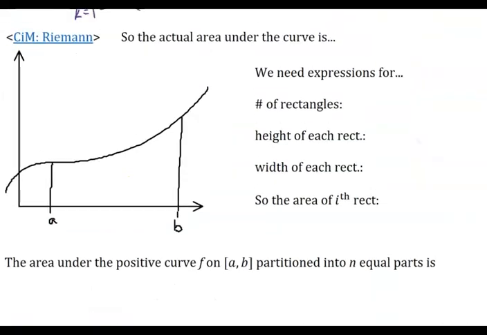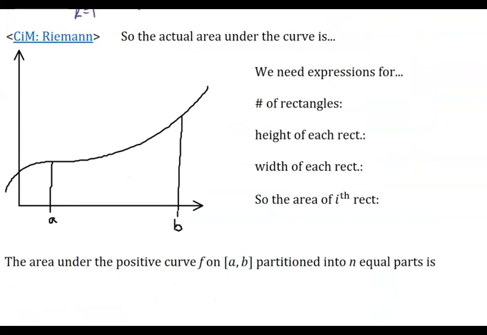So the actual area under the curve, and by the way, we are only talking about positive curves right now, so we can use the word area. If part of the curve is negative, we're going to run into, in a little bit, how we handle that.